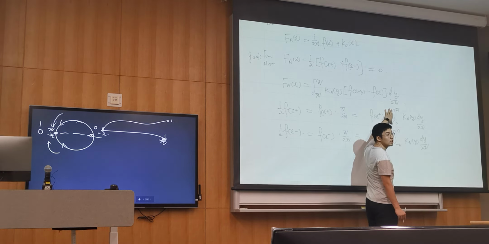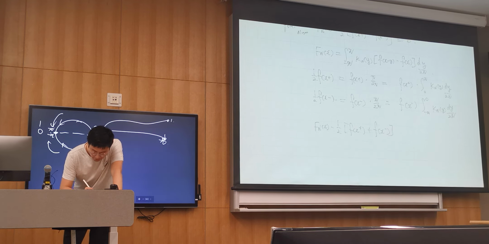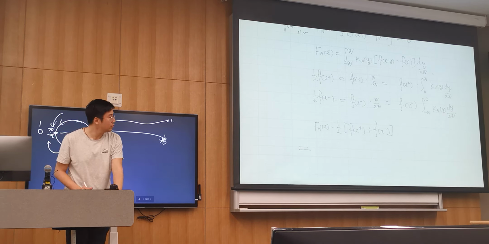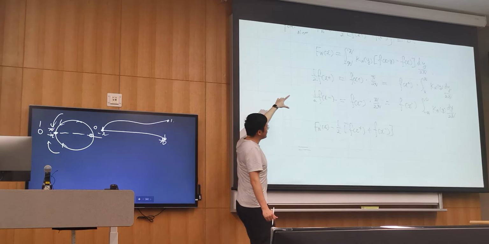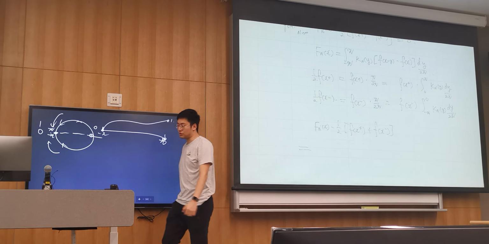So now fn(x) minus 1/2 of fx plus plus fx minus can be rewritten into the difference between these intervals.